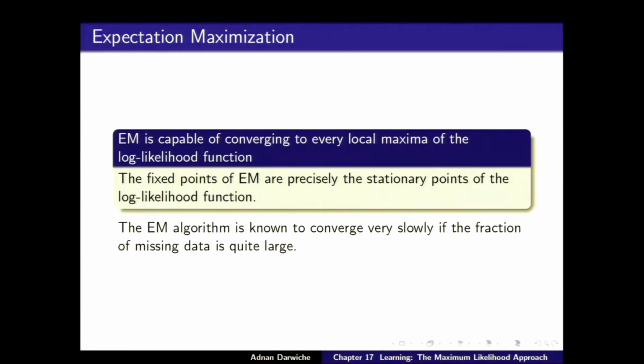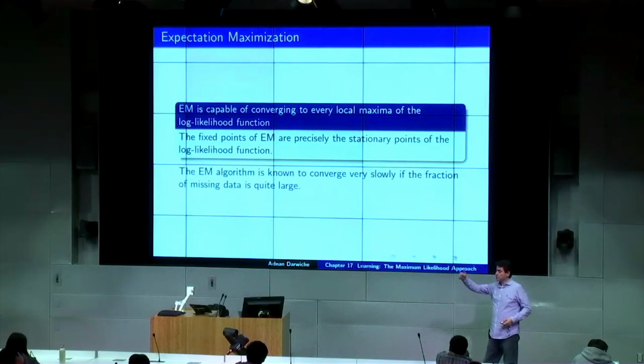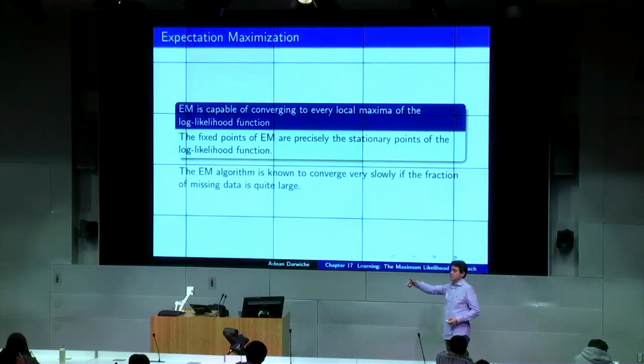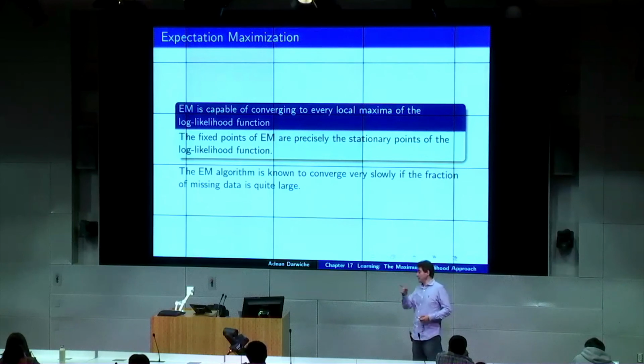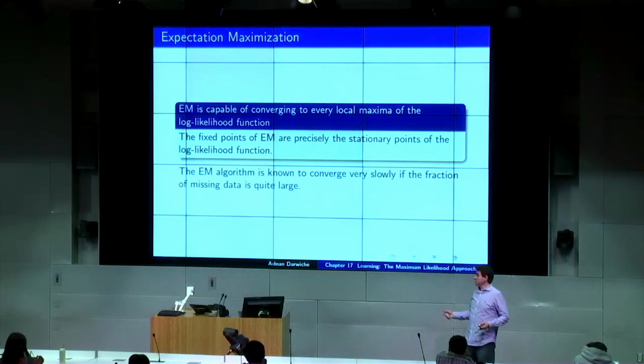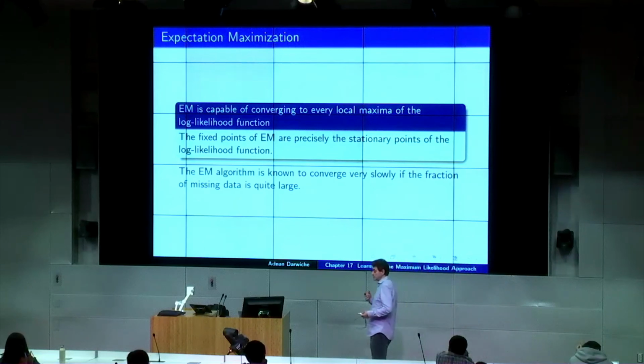So what do people do in practice? First of all, you can imagine this is going to be sensitive to what? When you run this algorithm, it's going to be sensitive to starting point, right? Where you end up being depends on where you started. So what people do is they run it multiple times. And every time they seed it differently. So when you find results in the literature, they will say we ran EM 10 times, seeded it randomly.